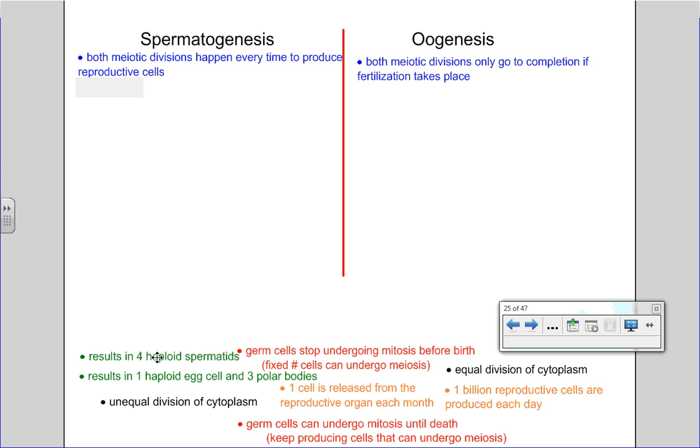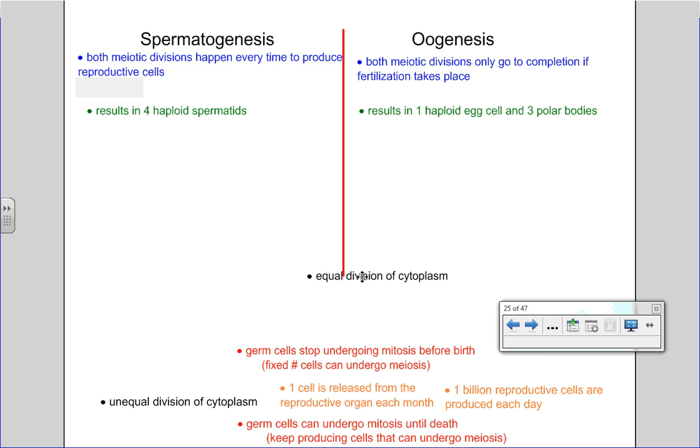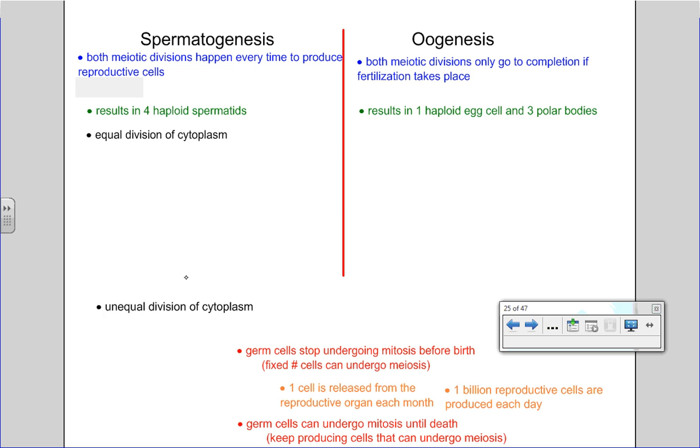Results in 4 haploid spermatids. Well, that must be spermatogenesis. Results in 1 haploid egg cell and 3 polar bodies. That would be the end of oogenesis. Equal division of the cytoplasm would mean this one. That's why we can have 4 viable sperm produced.